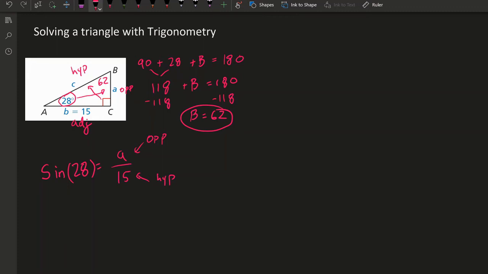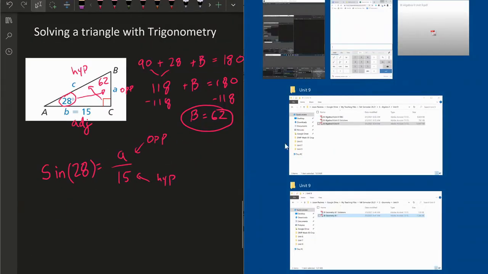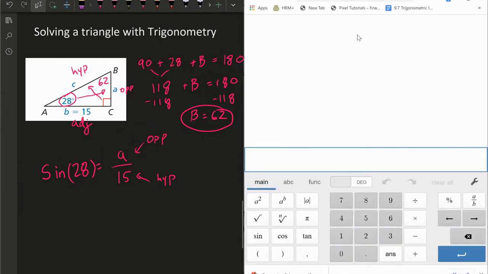Now, what we can do is go over to our graphing calculator, or our scientific calculator. I'm using Desmos right here. So if you go to desmos.com/scientific, you can get this calculator. So I can just type in what is the sine of 28, and I get this value. Now, before I go any further, I do want to point out that this is 28 degrees.